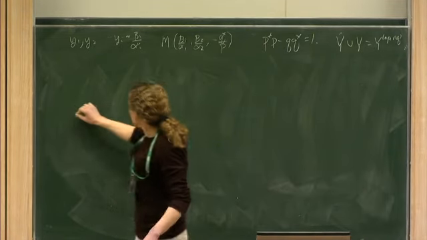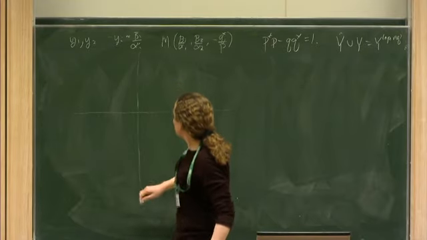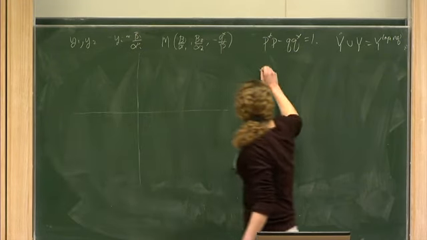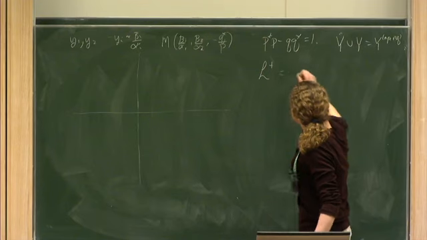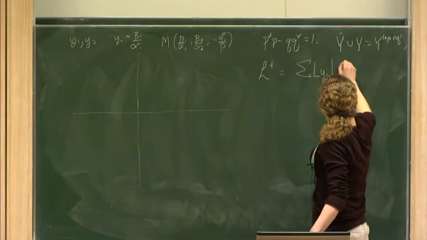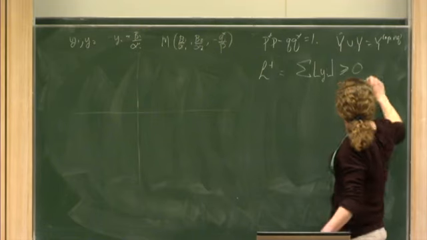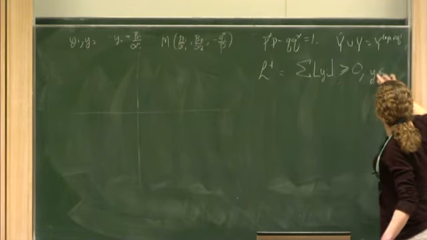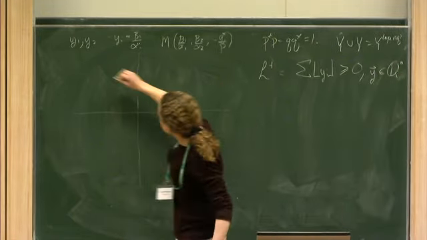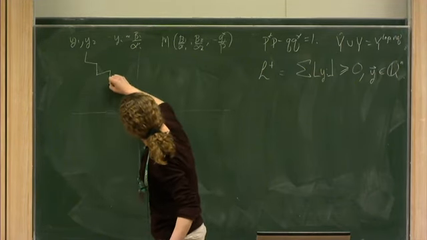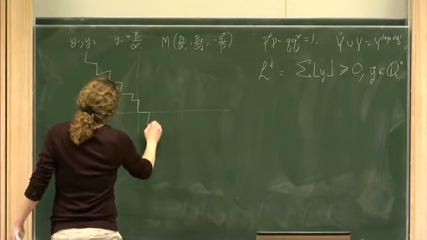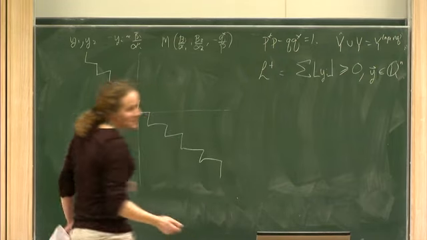So in this basis, I've got this positive region here, so the L plus, say, looks like this staircasey thing.